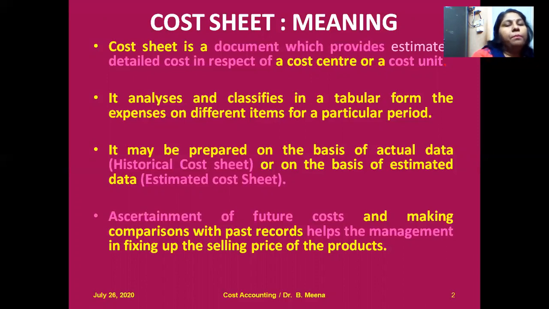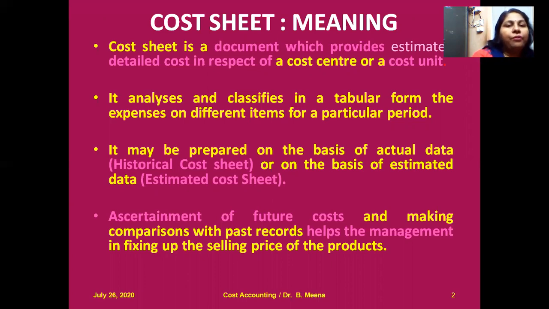The industries can prepare a cost sheet by categorizing the expenses into the direct expenses and the overheads. The overheads are further classified; it can be factory related or admin related or selling and distribution related. I already mentioned the overheads mean indirect expenses, so expenses indirectly involved in the factory side, office side, as well as the selling and distribution department side.